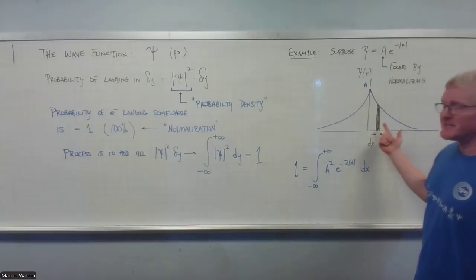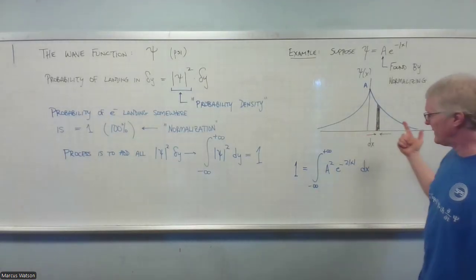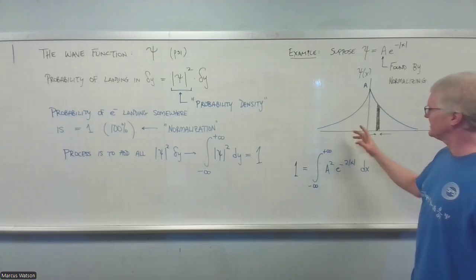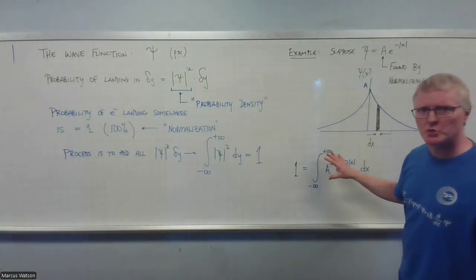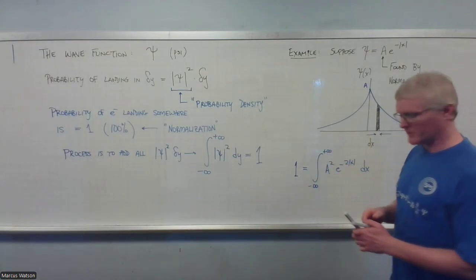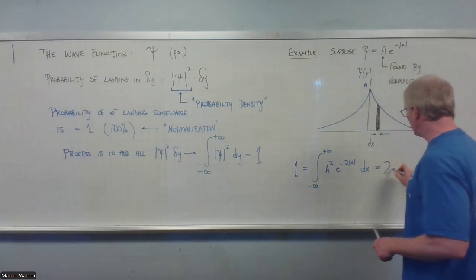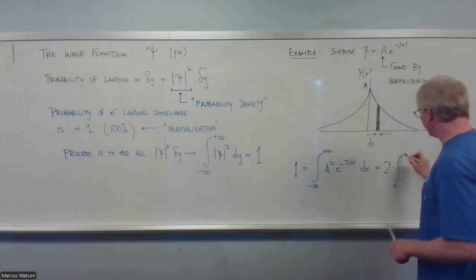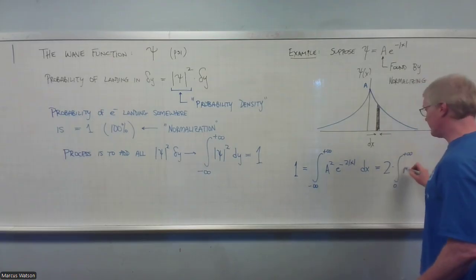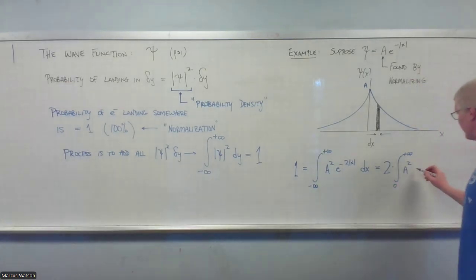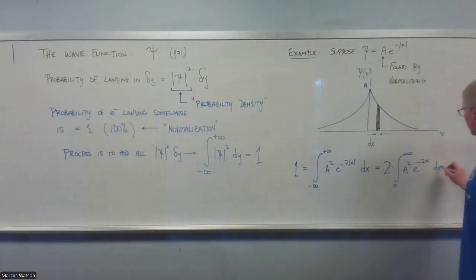Now since this is a mirror image of one another, I could easily divide this integral into 2 parts. I could say that's equal to 2 times the integral from 0 to infinity of a squared, and that would give me the ability to take the absolute value off this thing, e to the minus 2x dx, like so.